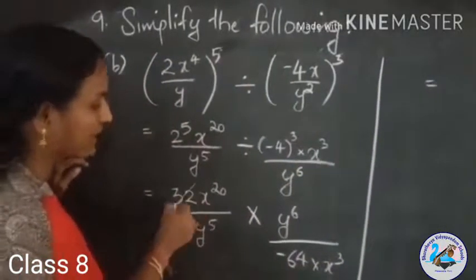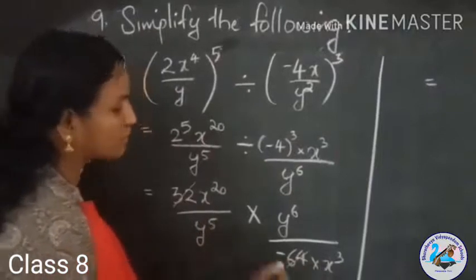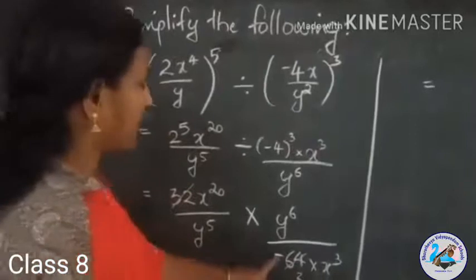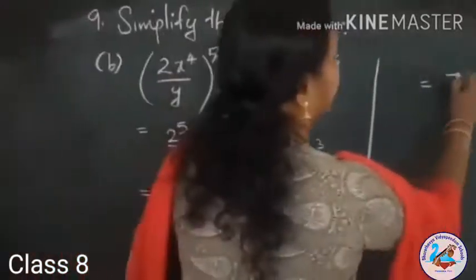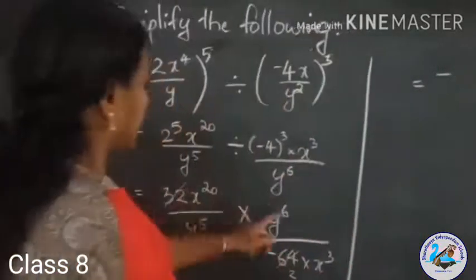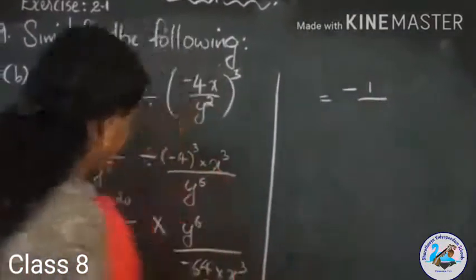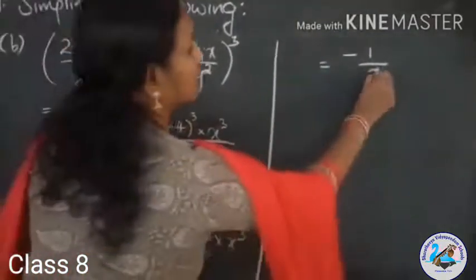So 32 and 64, 2 32s are 64. Here the minus is there, so you write the minus in the numerator; no numbers are there in the numerator, so 1; in the denominator, 2.